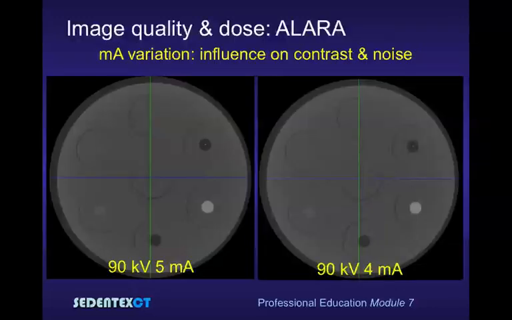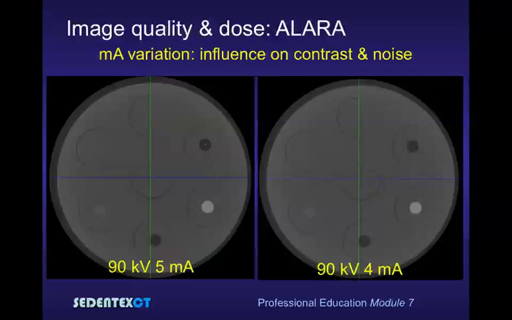Let's now look at the effect of milliamperage, or indeed exposure time, on contrast and noise using this phantom. In this case, we will change the milliamperage, but remember, of course, that if we were able to change the exposure time, we would get the same results.